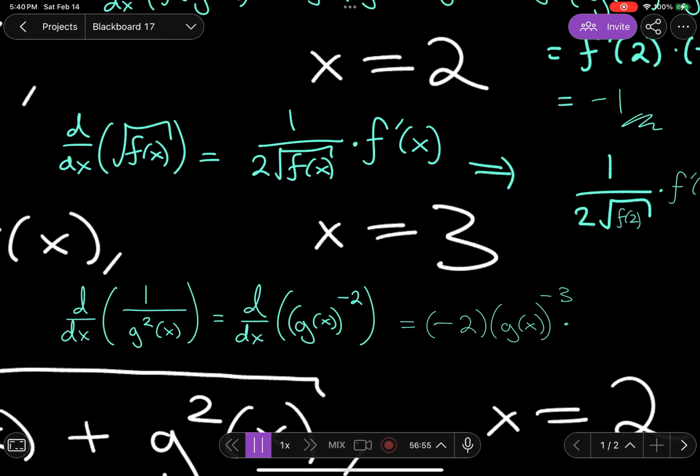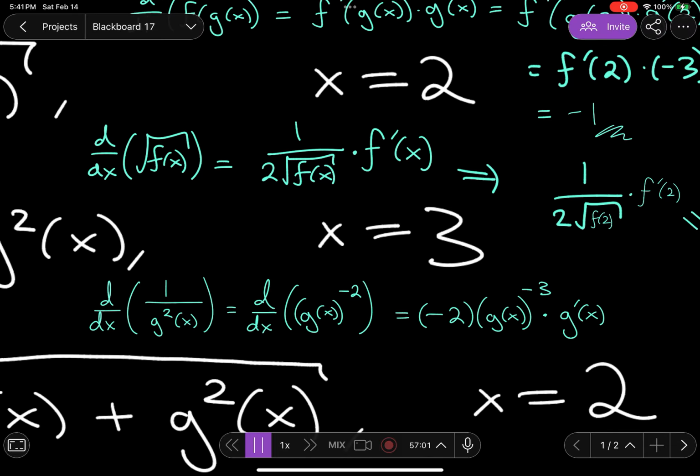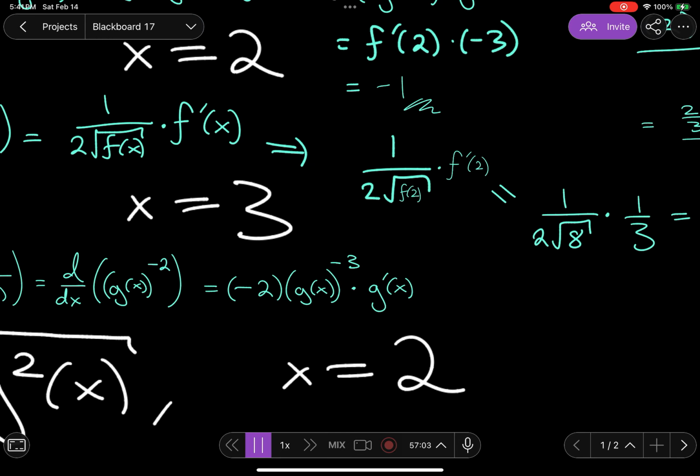Then I have to multiply this by the derivative of g of x by the chain rule. But I want this at 3, so at 3, what I have is -2 times g of 3 to the -3rd power times g prime of 3. So I need g of 3 and g prime of 3.